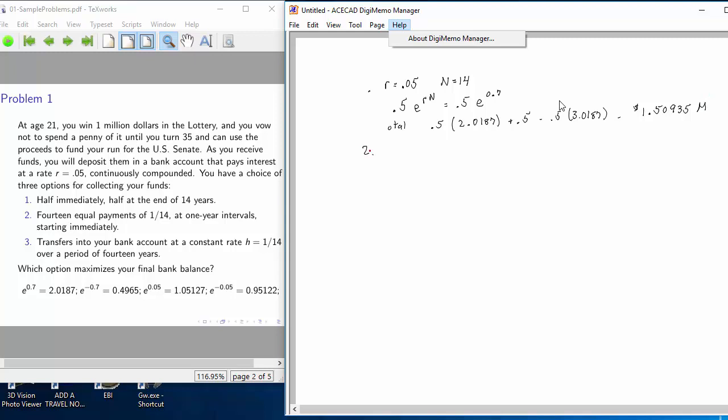Okay, let's try the second approach. In the second approach, you get a payment of 1/14 of $1 million at the start of every year, and that means you are going to have a total of 14 payments accumulating interest for different lengths of time.